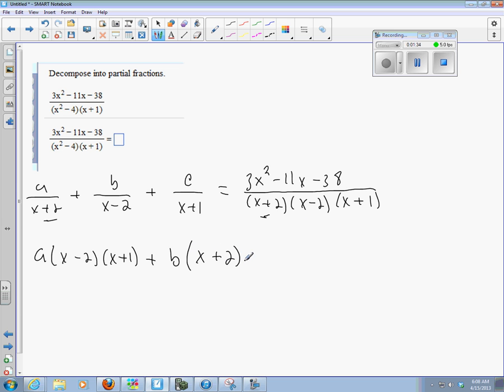So that leaves me b times x plus 2 times x plus 1. And for the last term, the x plus 1 cancels out, which is the product of those two. And if you remember, that was where the x squared minus 4 went. So I'm just going to rewrite it that way to save myself some writing. And since we've cleared everything, all that's left on the right-hand side is that polynomial.